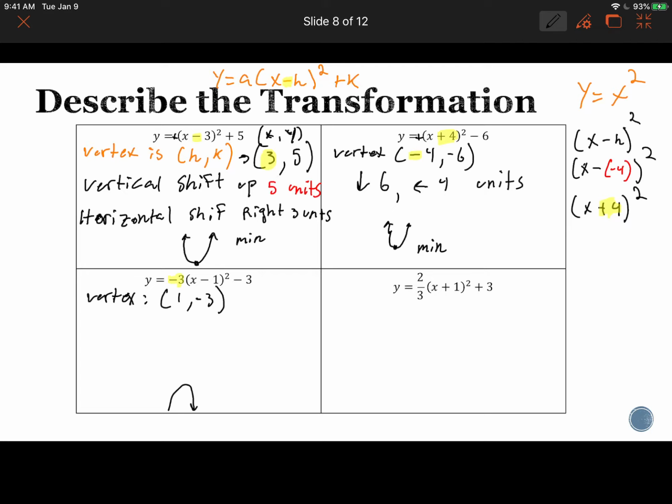And so it opens down, and the 3 actually makes it more narrow, just like that. And I will have a maximum at this point. To handle the other criteria, I have a vertical shift down 3 units and a horizontal shift right 1 unit.